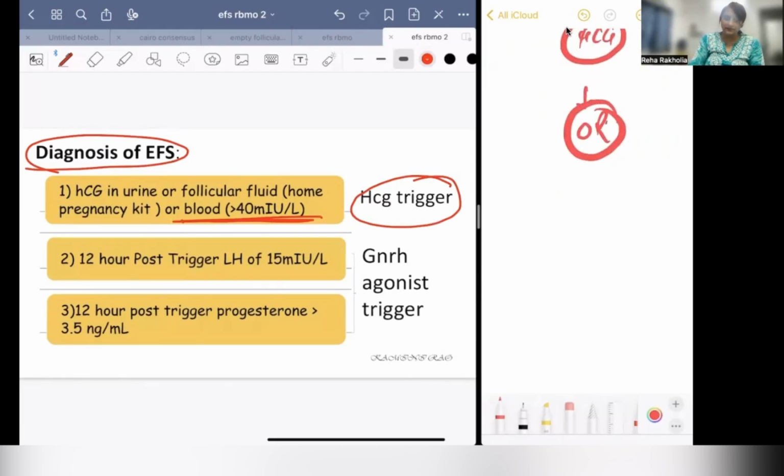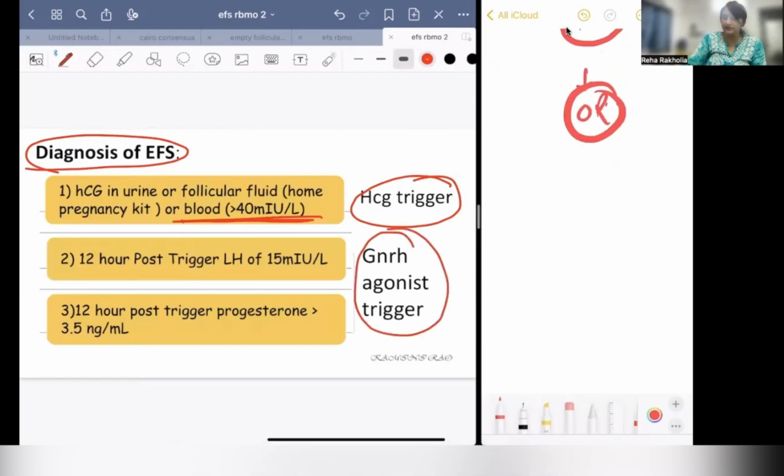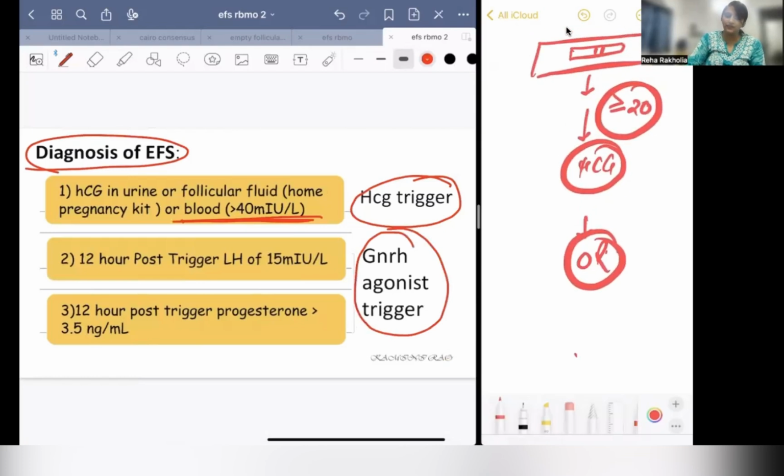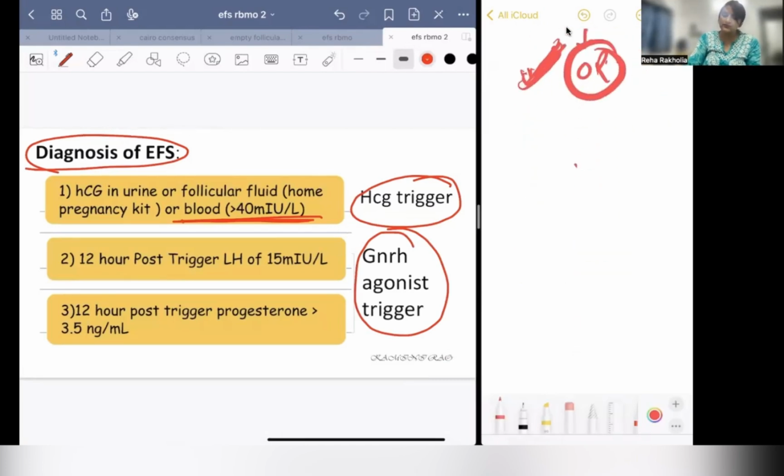And with GnRH agonist trigger, what will we do? With HCG, we check after 3 oocyte retrievals if we did not get any egg, and this should be done during oocyte retrieval.